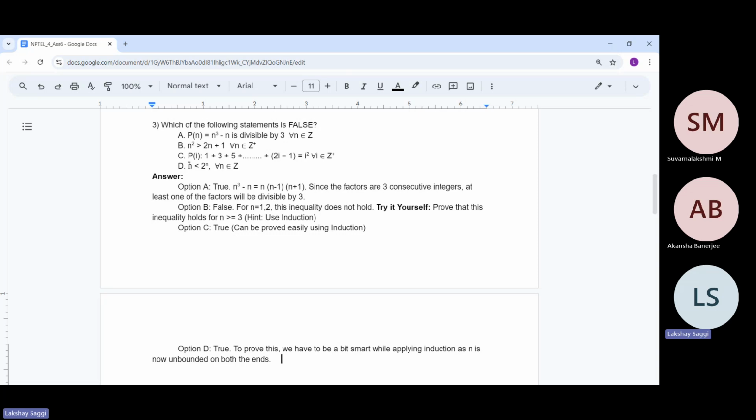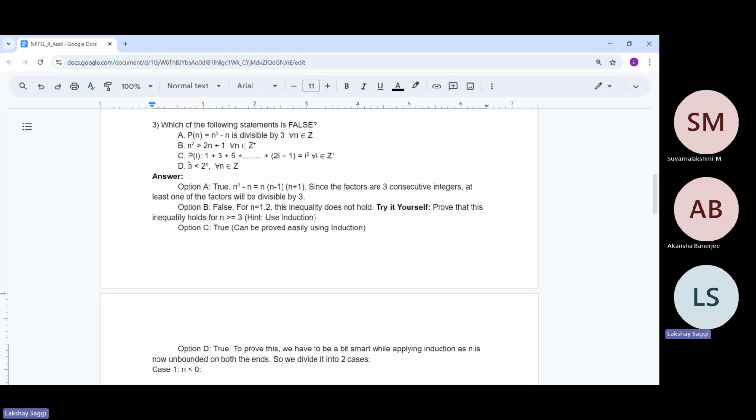So what we actually do is we divide this into two cases. The first case is n is less than 0.